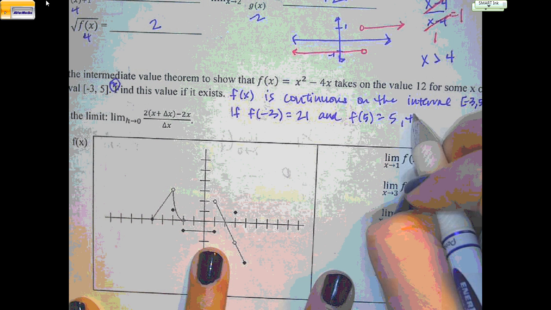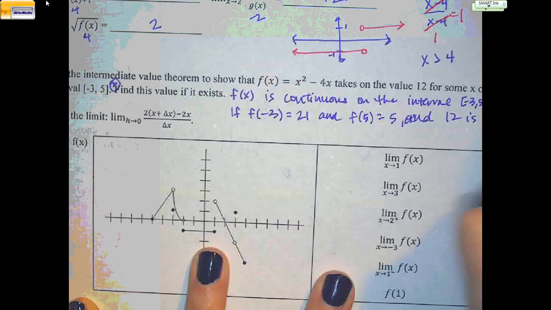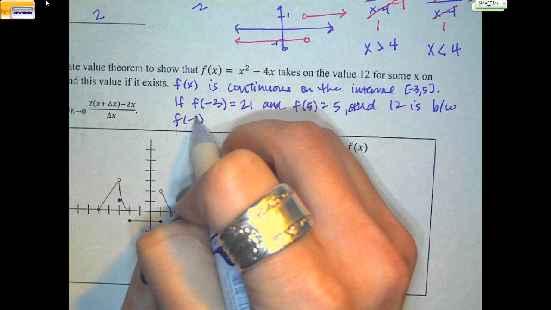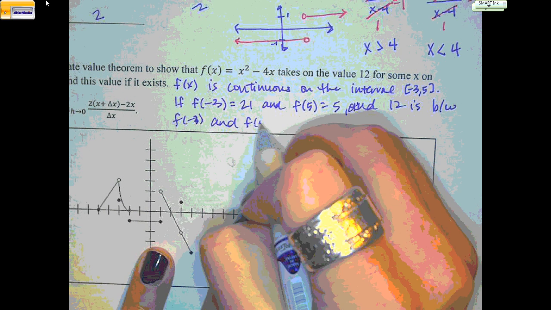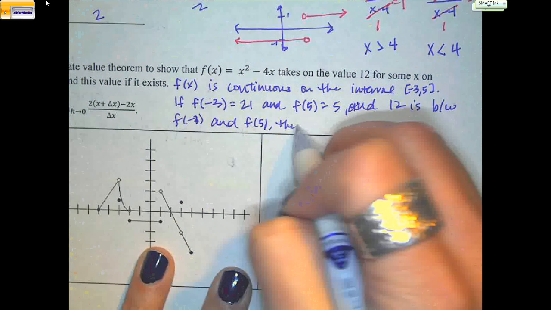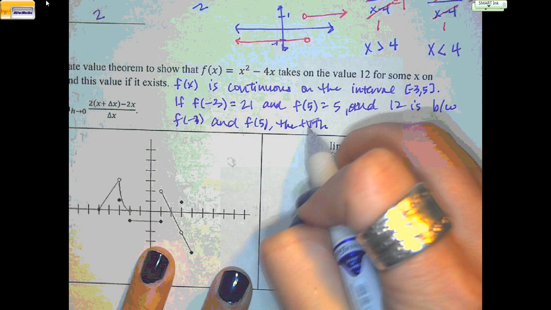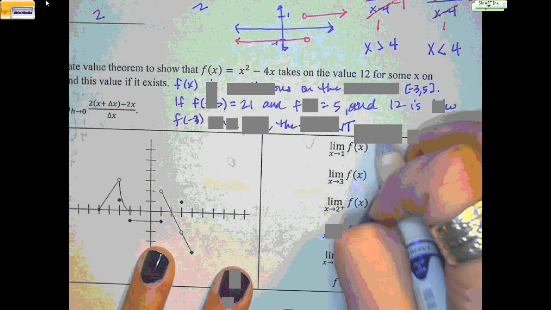And 12 is between f at negative 3, sorry, that's a 3, and f at 5. The intermediate value theorem, whoops, I don't know why I did that, applies. Super messy.